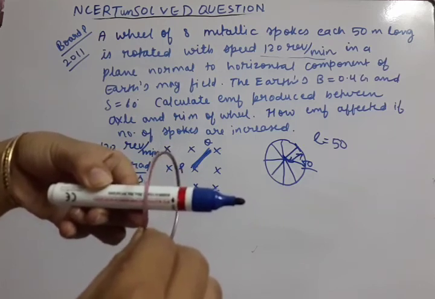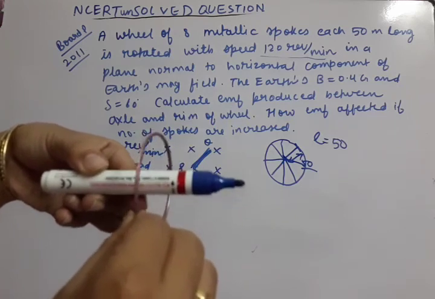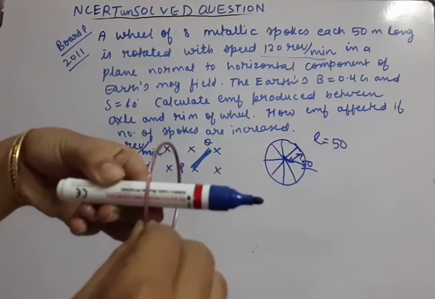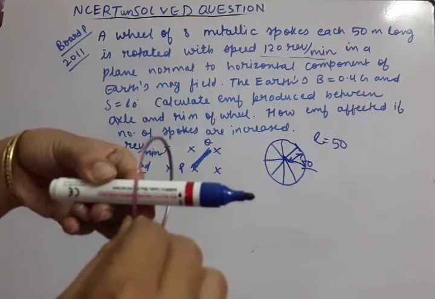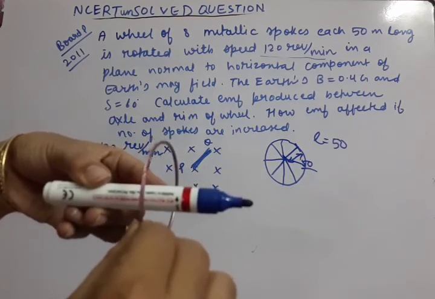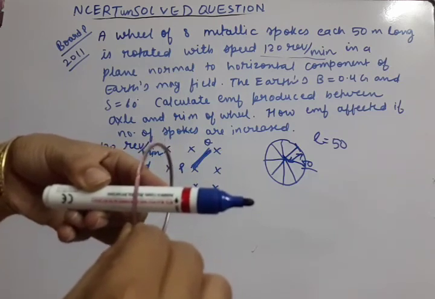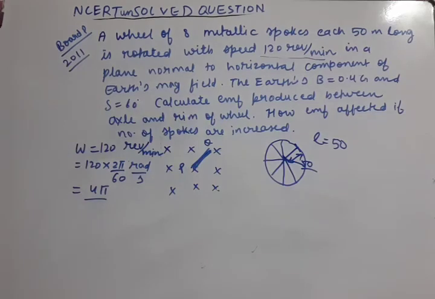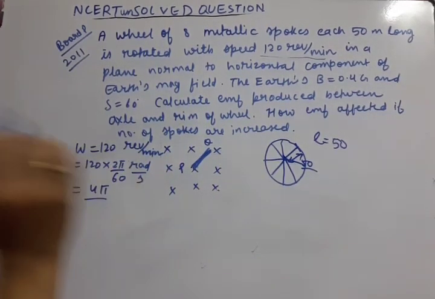We don't require the vertical component because the wheel is vertical, so the magnetic field B should be horizontal. They should both be perpendicular to each other.